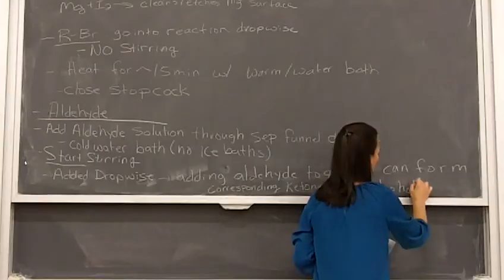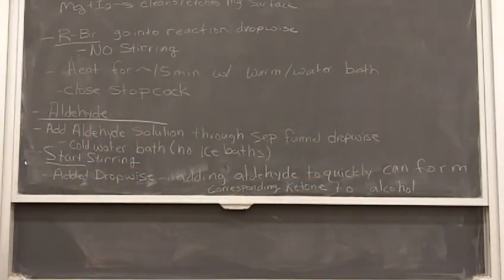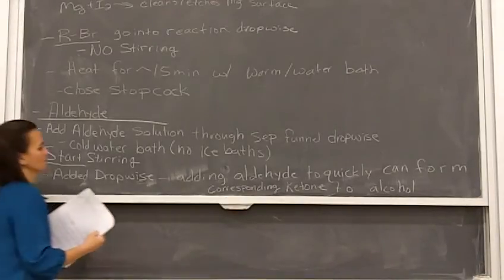So say you're going to make 3-octanol. What you will form if you add the aldehyde too quickly is you'll hopefully form the alcohol, but you'll also see a lot of 3-octanone in your reaction mixture. And we're going to evaluate our products with GC, so we'll see all of these impurities and have to account for all of these impurities. So be careful to add that aldehyde dropwise.